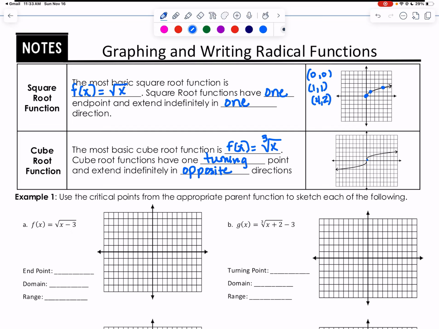So here's our turning point at 0, 0. We also have a point at 1, 1. And we have another critical point at 8, 2. Now we also have -1, -1, and -8, -2.